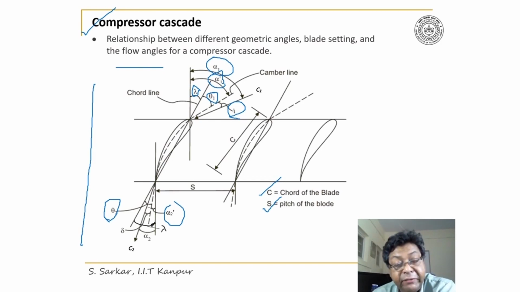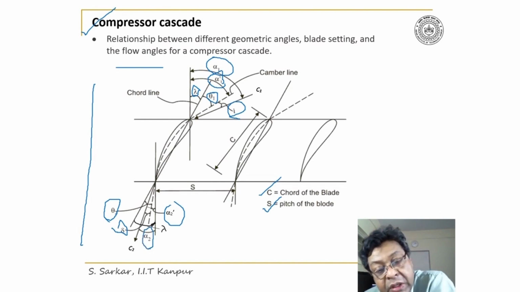Similarly, I have defined here deviation. Deviation is the angle between the camber line and the exit flow. And thus I have defined alpha 2. Look, this is the alpha 2. So this is a schematic where you can appreciate the relationships of blade setting and different geometric angles along with the flow angles.